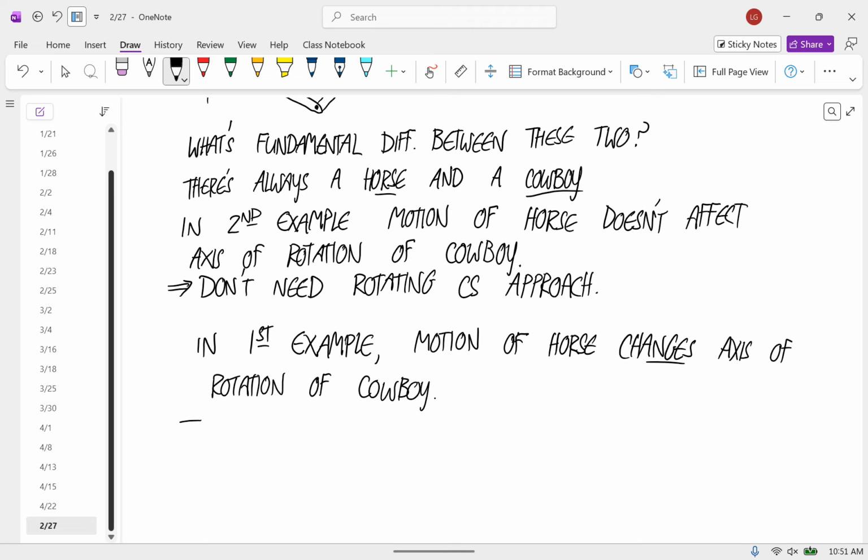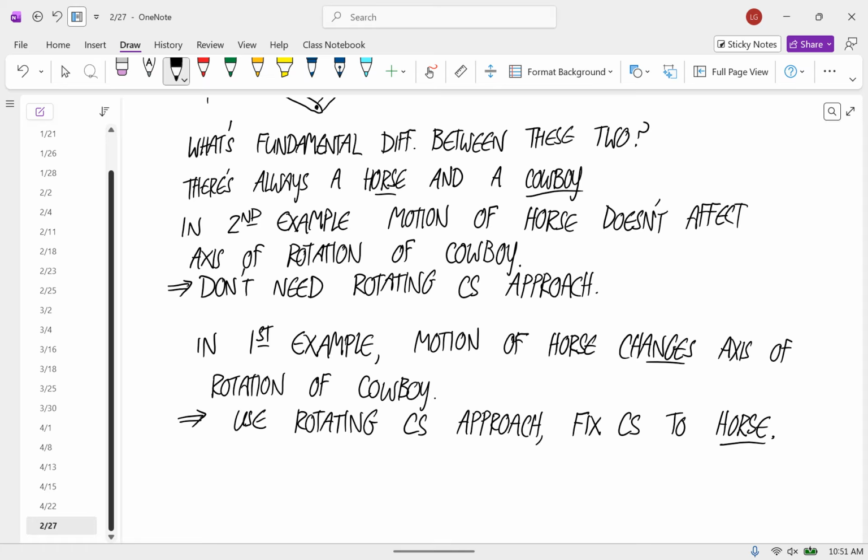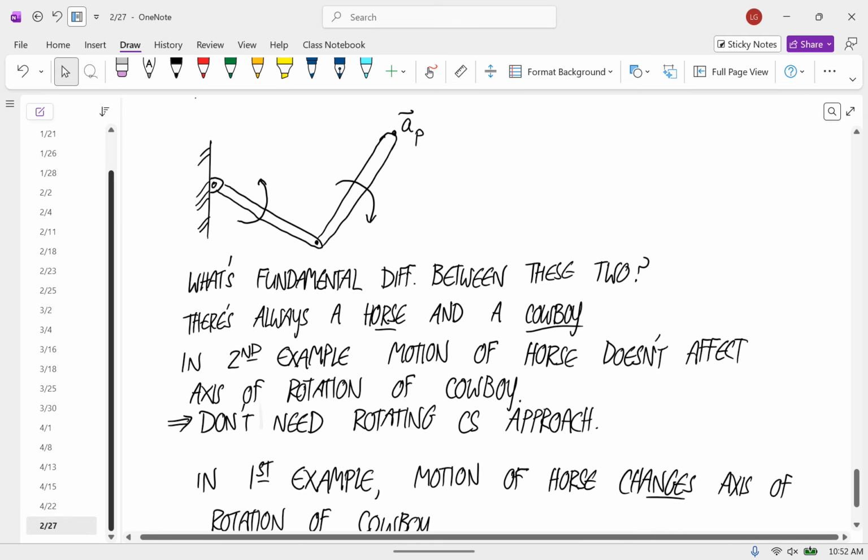And so in this case, we're going to use a rotating coordinate system approach. And we're going to fix our coordinate system to the horse. And if you do that stuff, you'll always get these problems right. Okay? So let's just go through this example.